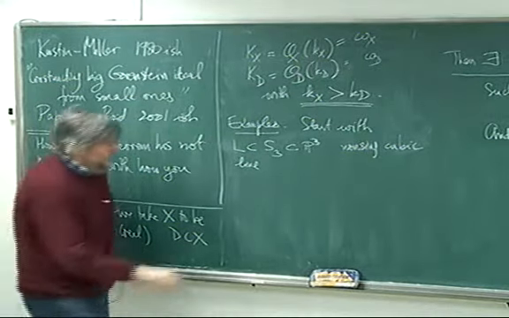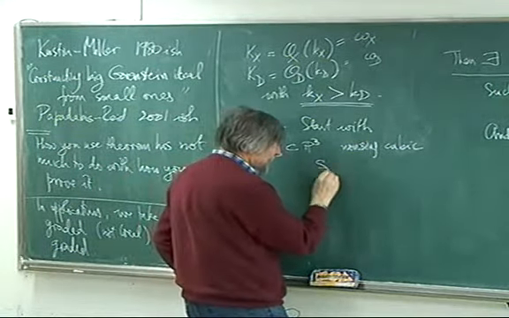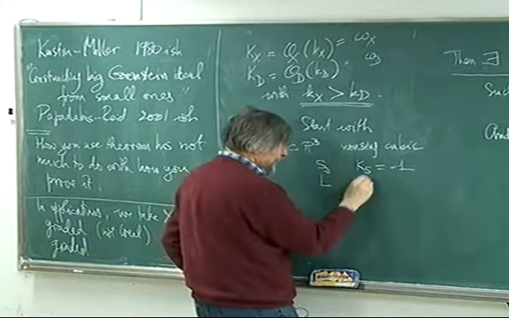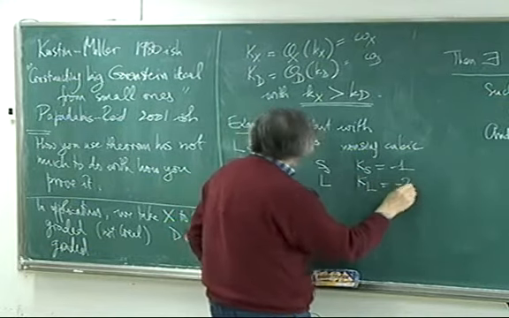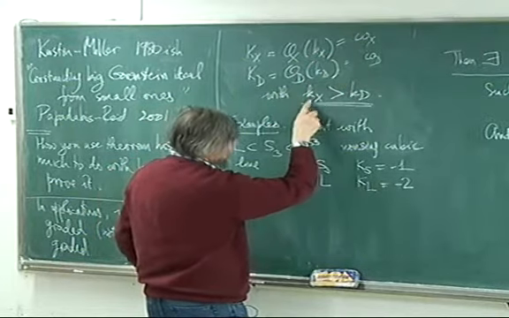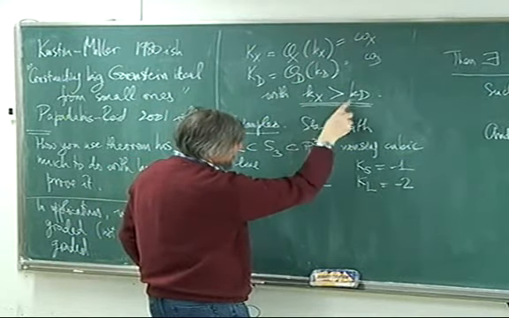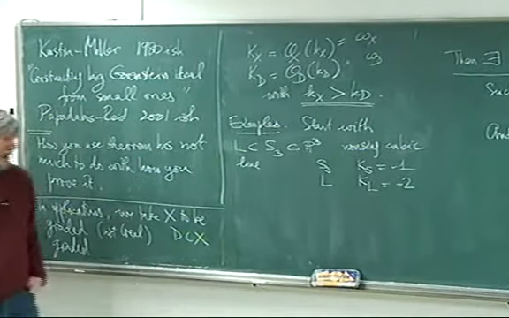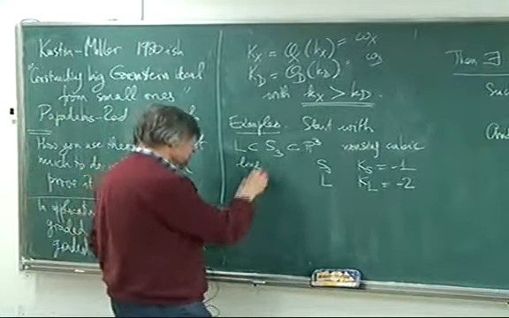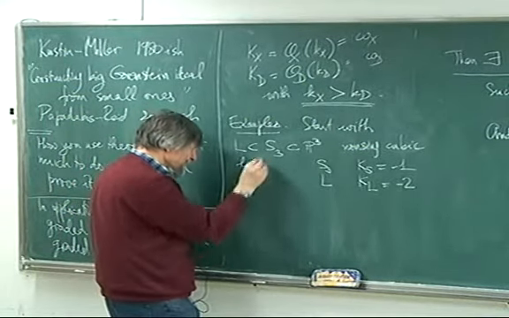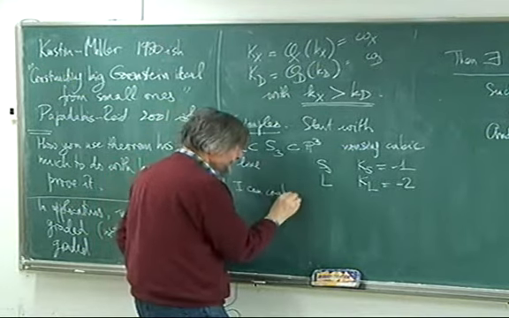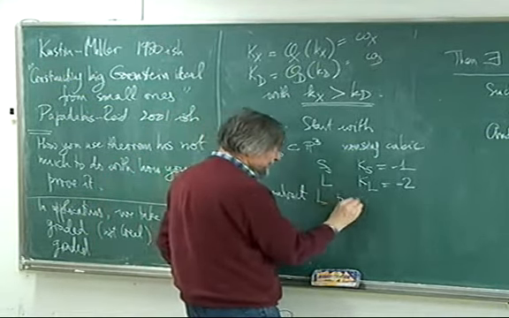S3 has K_S equal to -1, and L has K_L equal to -2. So this number K_X is greater than K_D: -1 is greater than -2. And so the thing I assert is I can contract L to a point.